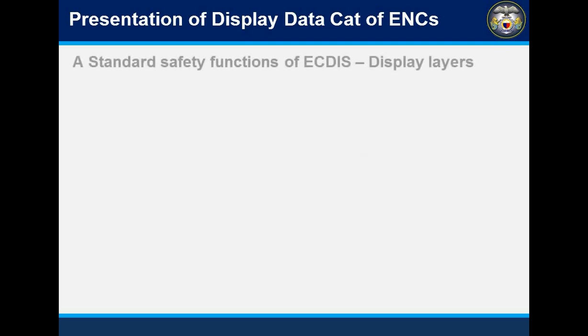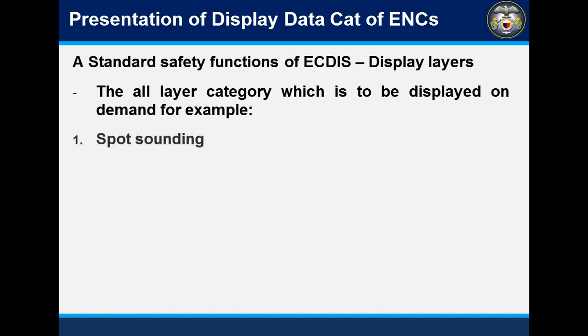Also, we have the last layer or the all layer category, which is to be displayed on demand. So this is selectable by the press of the watch officer to be included on top of the standard display, on top of the base display.